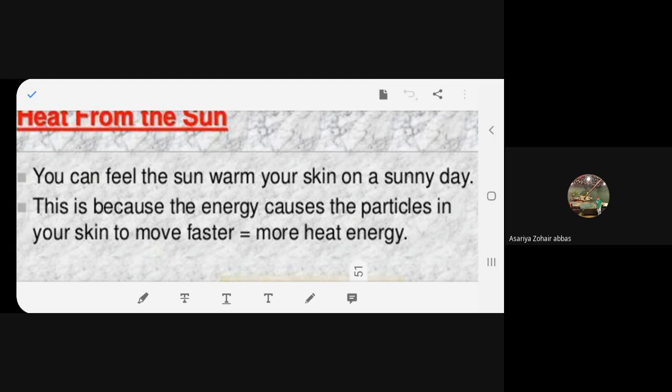The energy which you're getting from the sun is allowing the particles in your skin to move faster because it is getting heated up. And you know that heat causes more energy, more collision, so you get more heat energy. Is it clear? You feel warm because of the transfer of heat from the sun to your body. So your body has also become warmer.